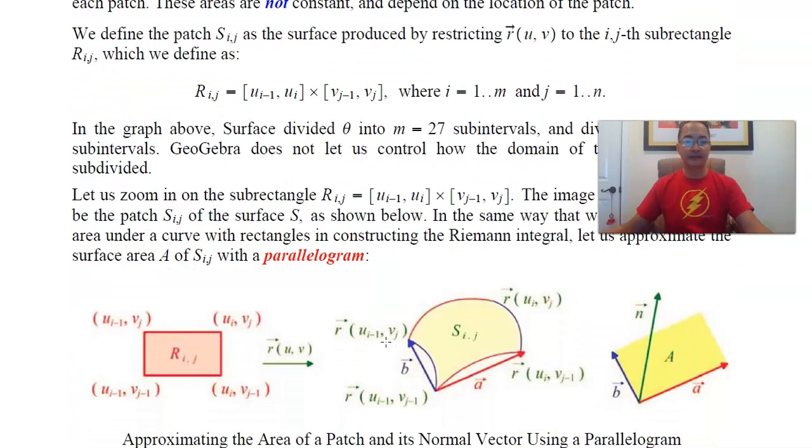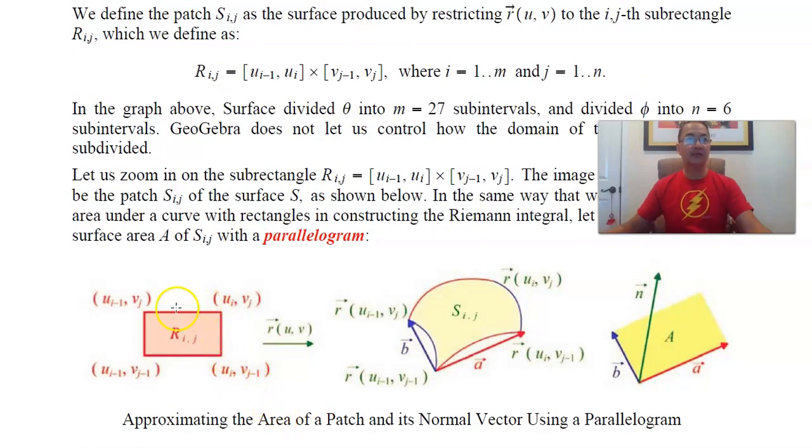So here it is, one of the pieces of the birthday cake. The four corners will correspond to 4 points on your patch. They're sort of like corners, except the grid lines don't have to be straight lines.